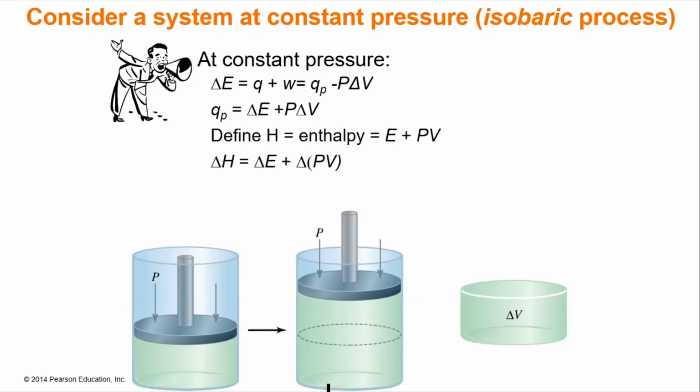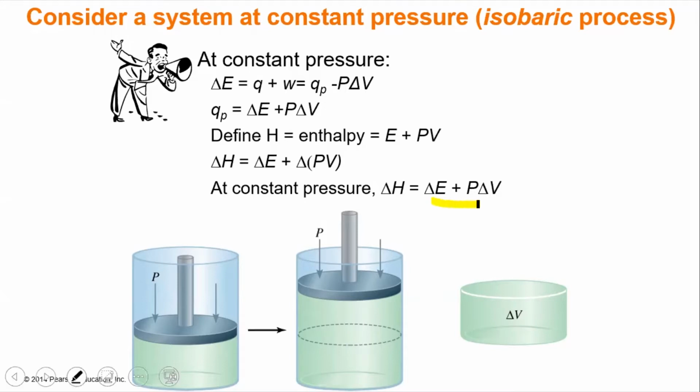And since it's a sum, we can arrange it so it's delta E plus delta PV. But remember, in the pressure times volume product, the only thing that's changing is the volume. The pressure is staying the same. So I can factor it out, and I can write this as delta E plus P delta V.